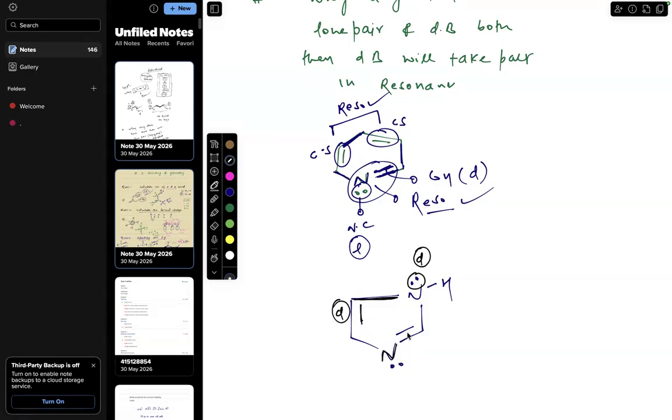Which one would be delocalized here? Lone pair or double bond? Tell me. Yes, the double bond would be delocalized and the lone pair would be localized. Make sense? My request to everyone, say yes or no.